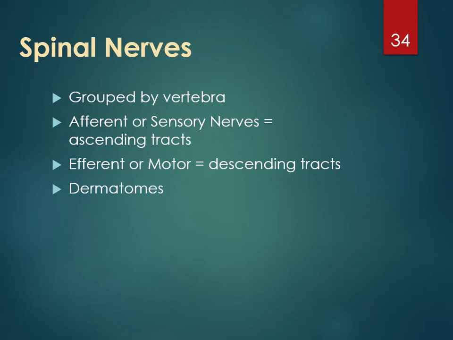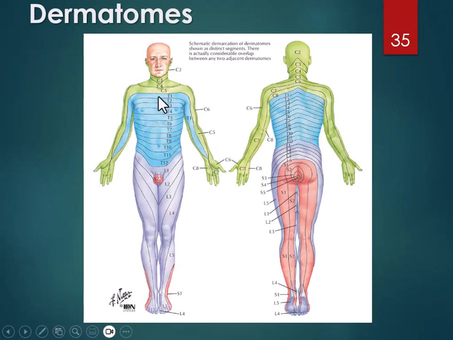They innervate different regions of the body, and these regions that they innervate are called dermatomes. So here's a picture. T1 would control everything in that region. T7, that region. Lumbar vertebra number 4 is down the inside of your leg, for example, 3 and 4.